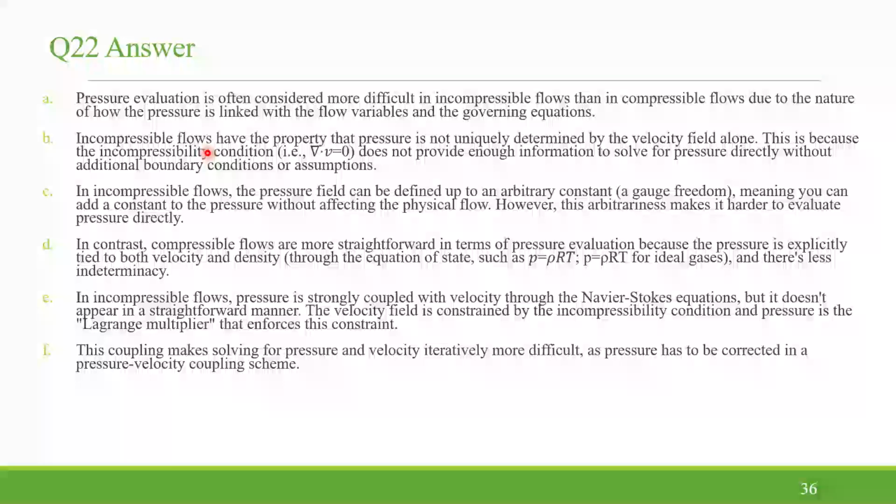We say that evaluation of pressure is complex in incompressible flows, and also del dot V equal to 0 is the incompressibility condition which is being imposed, and that condition should be satisfied.